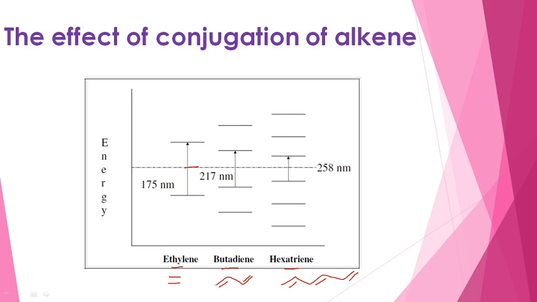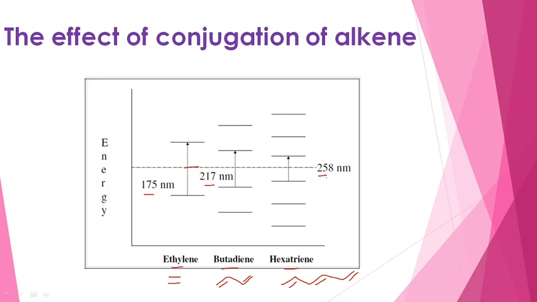Though the conjugation is extended, what about the lambda max values? So for ethylene you are finding 175 nanometer. For butadiene 217 nanometer. For hexatriene you are finding 258 nanometer. That means on increasing the conjugation, the lambda max value will also increase to the higher value side.